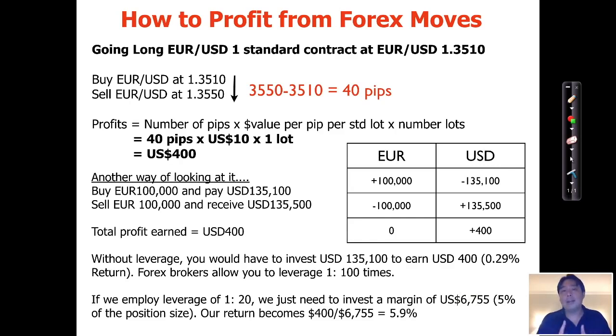But I can tell you that for me at least, when I trade forex, I don't ever use more than 1:20 leverage. Brokers allow you to leverage 1:100, but for the purposes of trading, we will not be leveraging any more than 1:20.